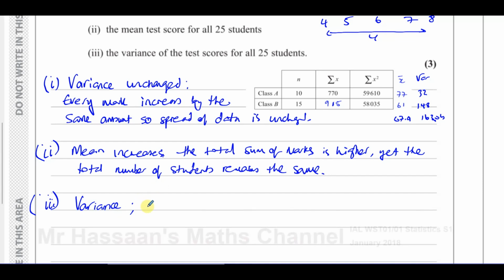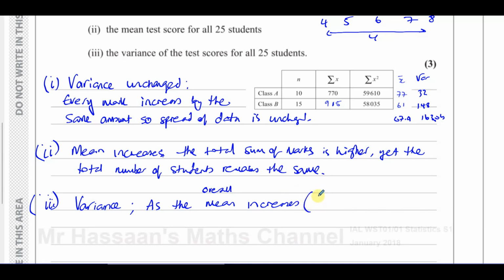So we can try to explain that in this way. We can say that as the overall mean increases, which it will do because some of the data values are higher, you're going to divide by 25, but there'll be a bigger sum.